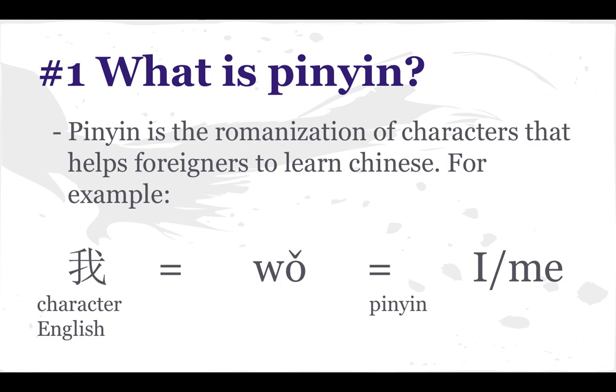For example, if we have such a Chinese character and we don't know how to read it, but now if we have Pinyin, just like this, we know how to read this word. 我, okay, 我. And this word exactly means I in English.